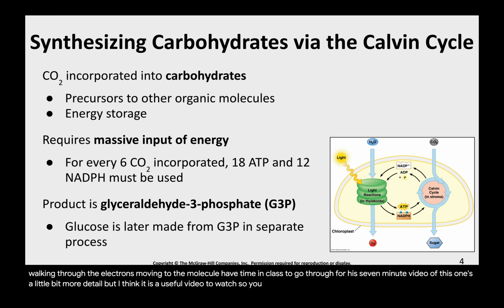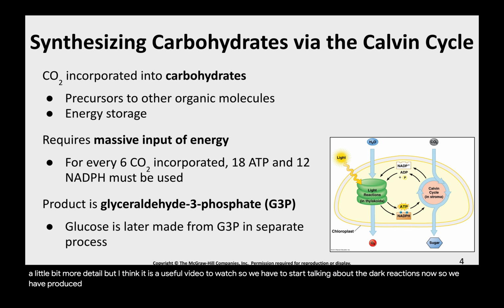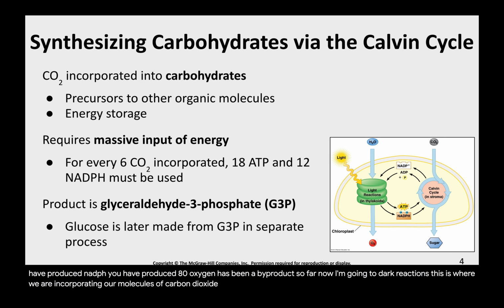So we have to start talking about the dark reactions now. We have produced NADPH. We have produced ATP. Oxygen has been a byproduct so far. Now in the dark reactions, this is where we are incorporating our molecules of carbon dioxide, CO2, and making carbohydrates like glucose.